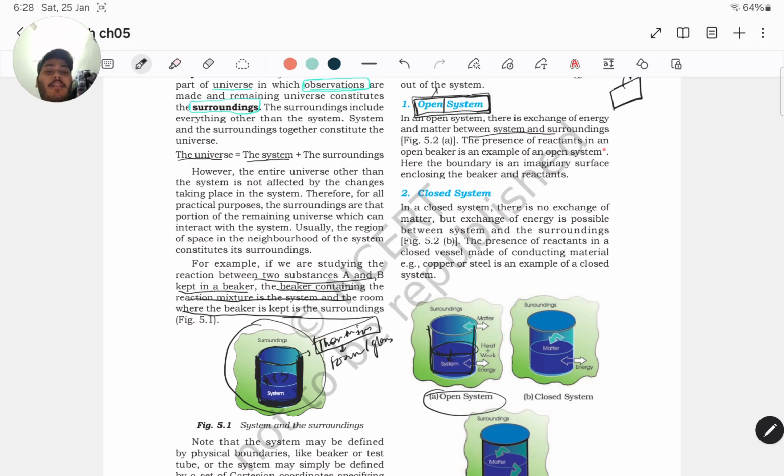The heat is released in that process, so the heat can easily be exchanged. But the crisp concept is that the boundaries must be made up of some conductor medium.